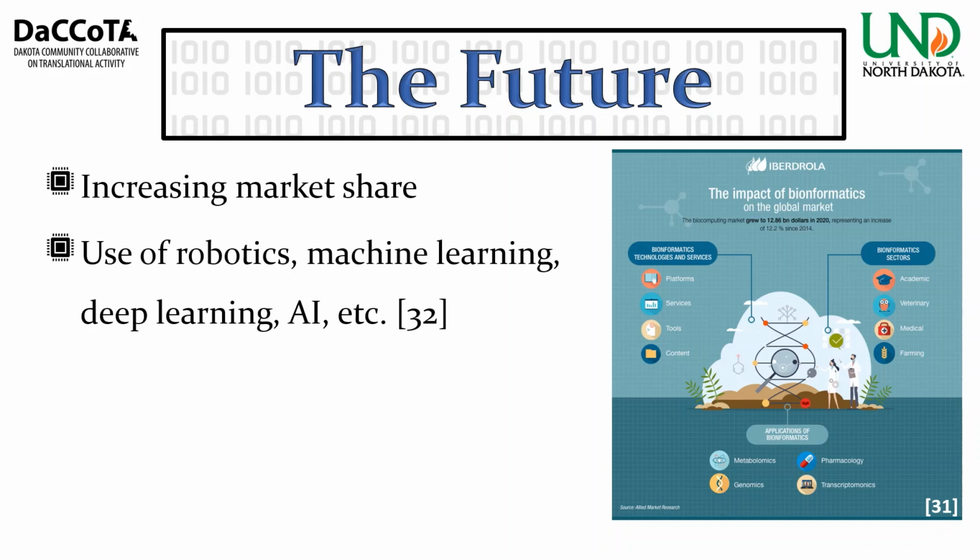That's more on the automated DNA sequencing side, the wet lab stuff, but also growth in things like machine learning, deep learning, AI, etc. Of course, AI is all in the news today as of this writing, so those tools are just going to continue to be used for bioinformatic processing.